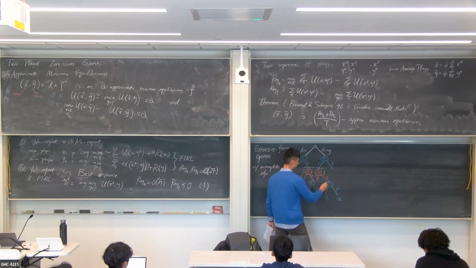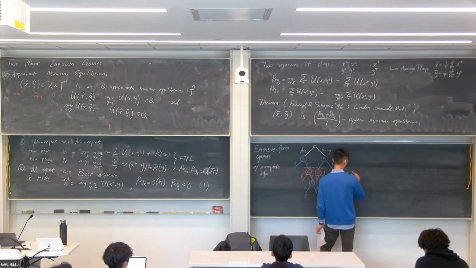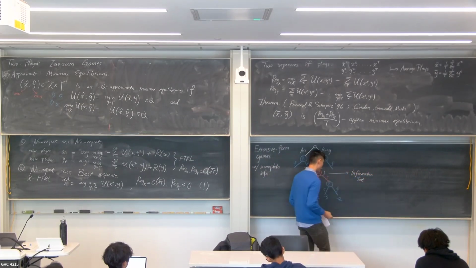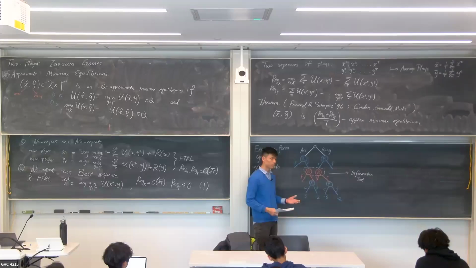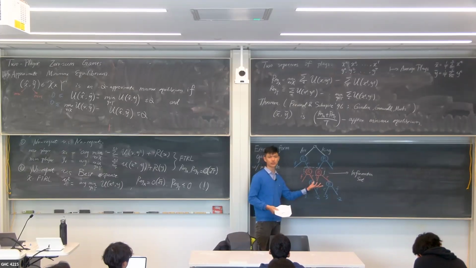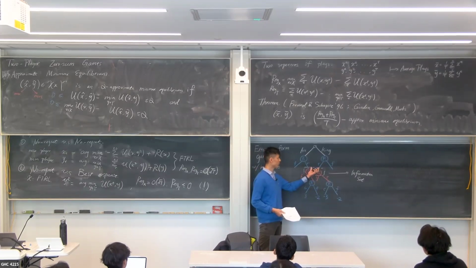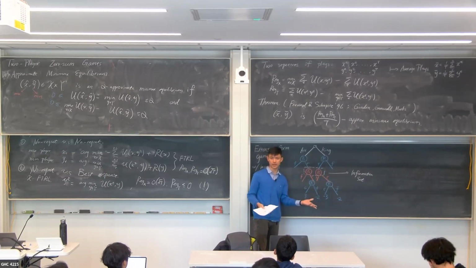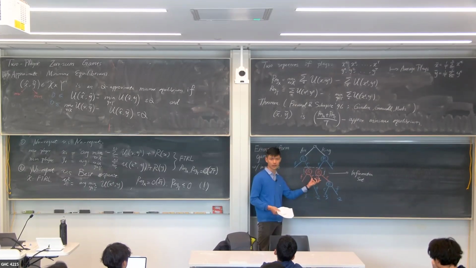This is sometimes modeled as an information set, in the sense that from player two's point of view, these two nodes are identical. All you know is that player one raised, and that's all the information you get.